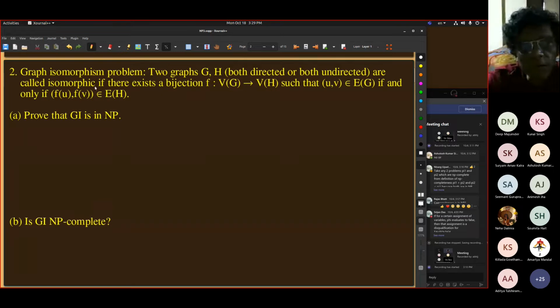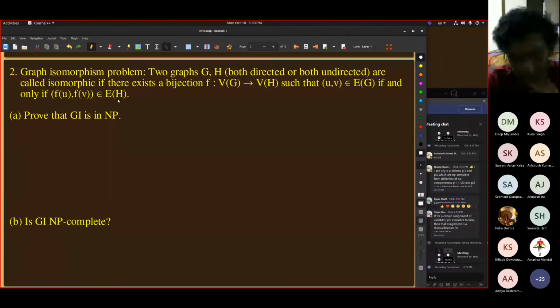They're called isomorphic if there is a one-to-one correspondence between the vertices of G and the vertices of H, such that whenever there is an edge in G between U and V, or from U to V, depending upon what kind of graph it is, the corresponding edge between the corresponding vertices in H must be there in the edge set of H, and conversely.